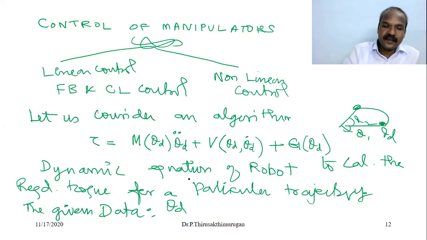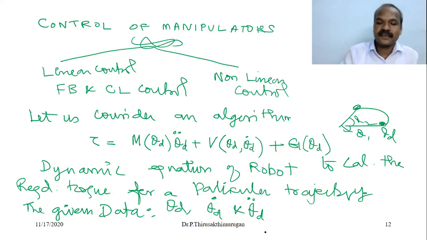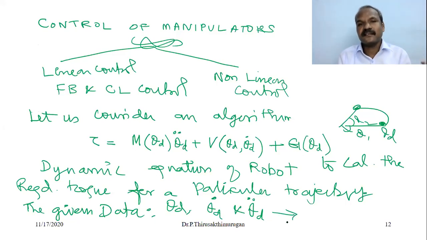The given parameters are theta d, desired position, desired velocity, and desired acceleration. These three parameters we normally give to get a particular trajectory. What the trajectory generator does is generate theta d, theta d dot and theta d double dot. So these three are the parameters generated by the trajectory generator.